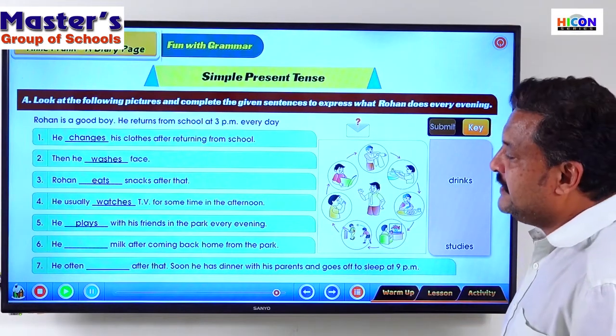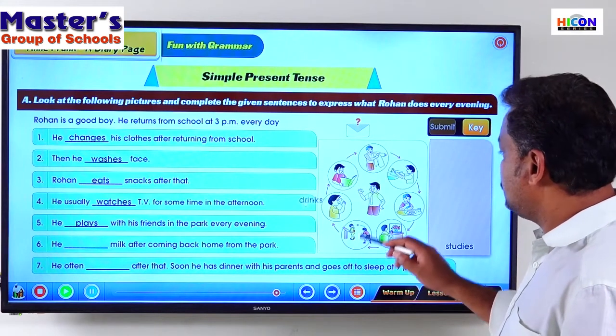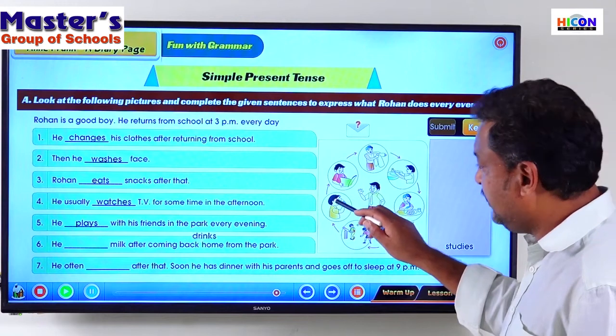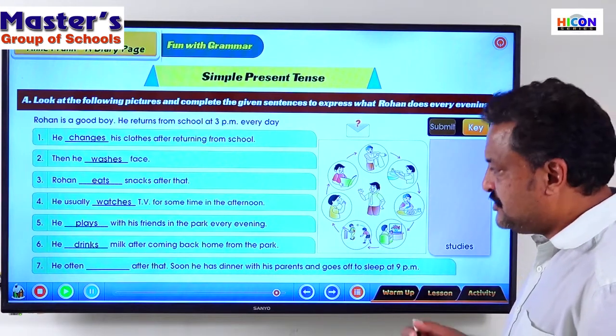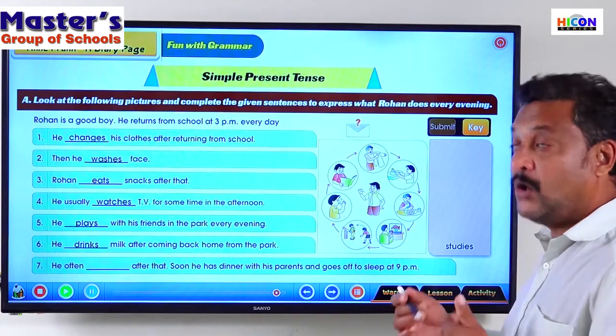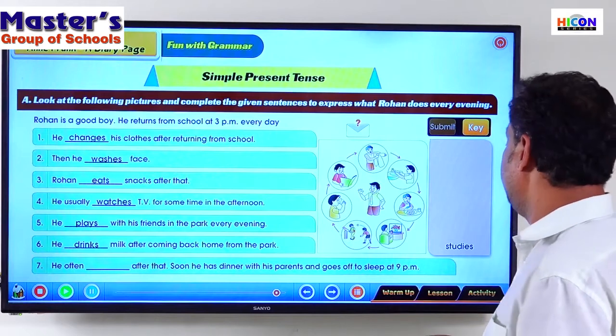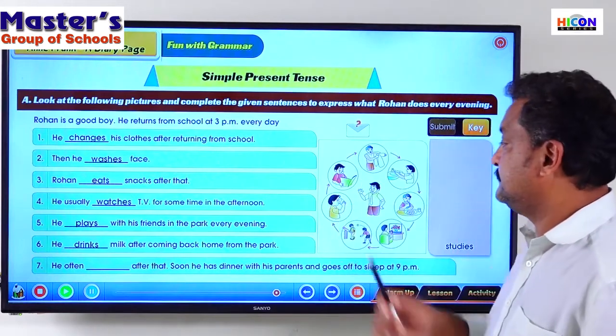Sixth one, he drinks milk after coming back home from the park. So after playing, when he comes back, he drinks milk. Coming back home from the park. Then he often studies after that.